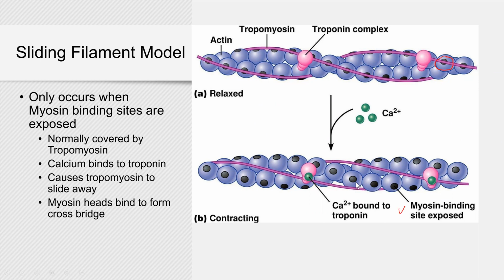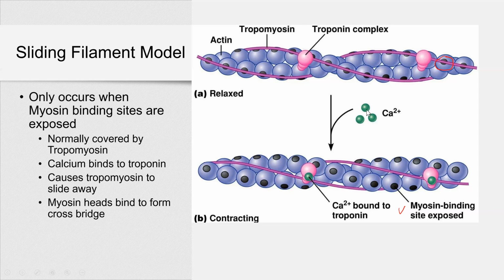So for myosin to grab on actin, this site needs to be exposed. But actually, when the muscle is relaxed, look, we have another protein here covering those binding sites. And this is called tropomyosin. So you see how tropomyosin covers it? So myosin cannot grab on actin.